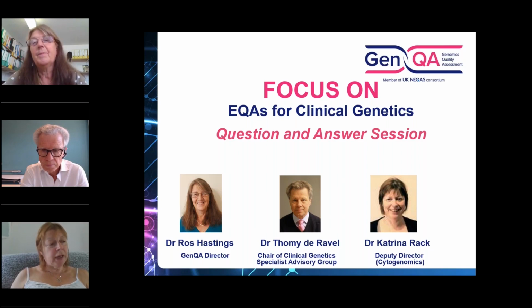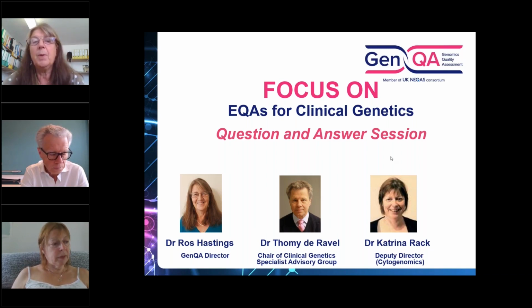Okay, and another question, if the participant doesn't understand or agree with any of the answers provided in the EQA, is there a way that they can seek to have more information or appeal the decision? Yes, after every EQA, there's an appeals process. You have 2 weeks in which to submit your appeal.